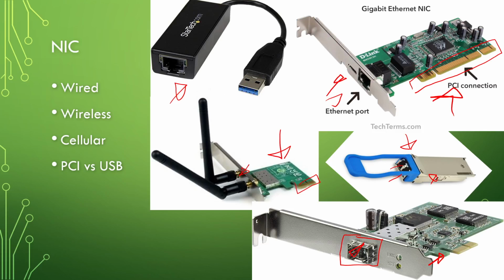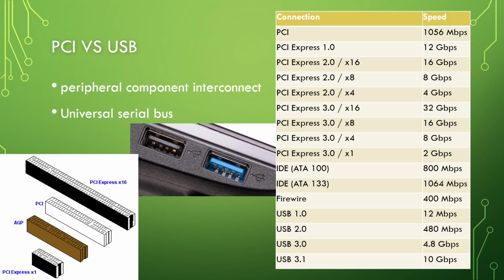It's not an end-all be-all by any means, but when it comes to the world of PCI versus USB, PCI used to be the king. It's a peripheral component interconnect, and down here in the bottom corner, you can see that there are really, I'm going to call them 3 different slots. This AGP, we're not going to worry about that one. I think that was something for the GPU.